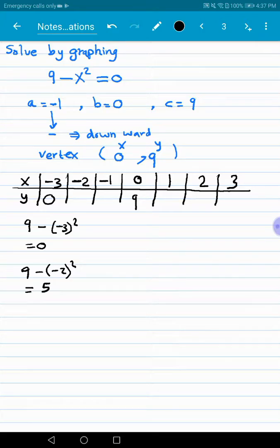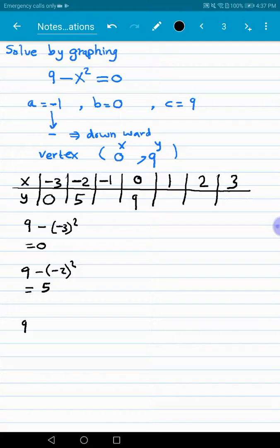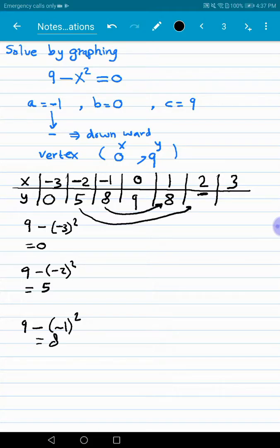So here we have 5. The minus 1: 9 minus minus 1 squared, which is 8. There will be a symmetry around the two sides. So this is 8, this will be also 8. This is 5, this will be also 5. This is 0, so this will be also 0.